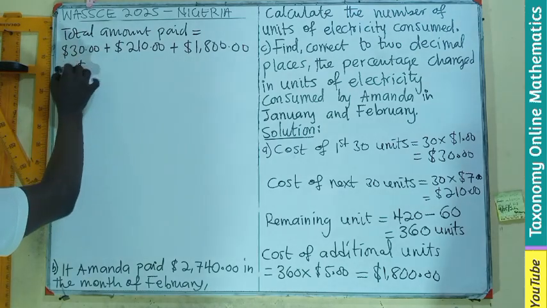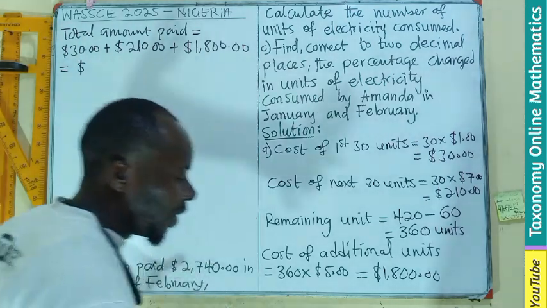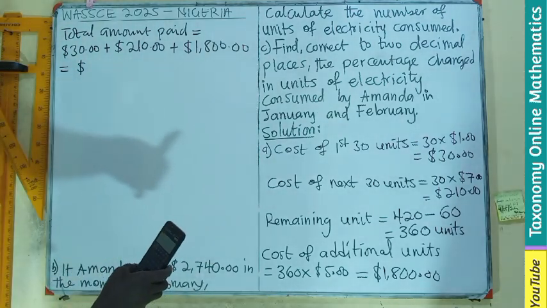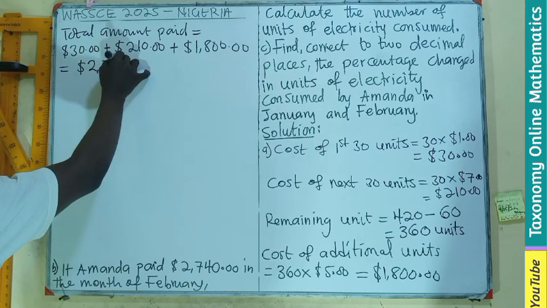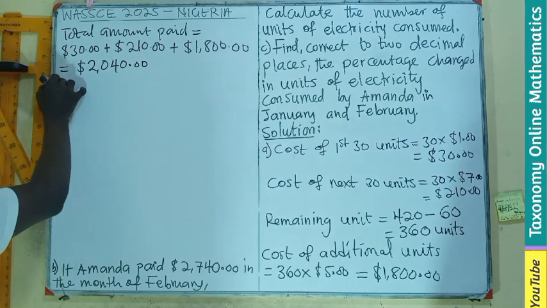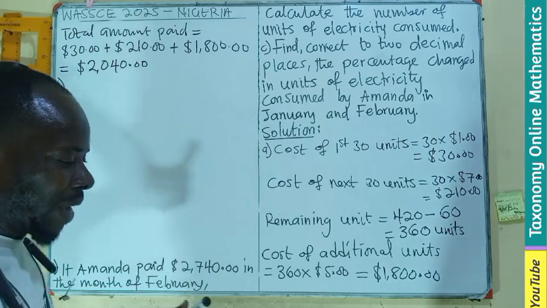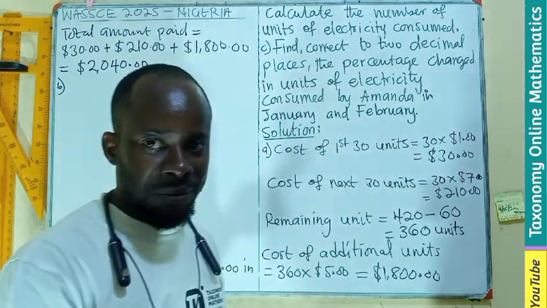When we put that together on our calculator, 1,800 plus 30 plus 210 will give you $2,040. So that is the value that Amanda will pay in January.